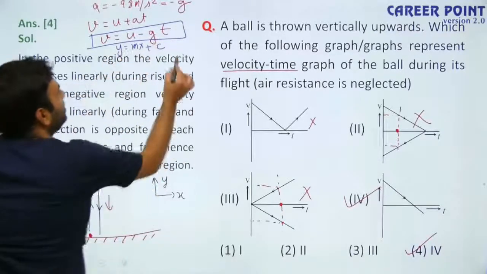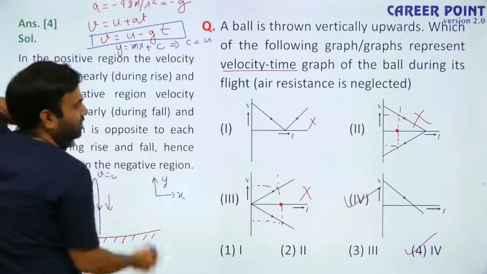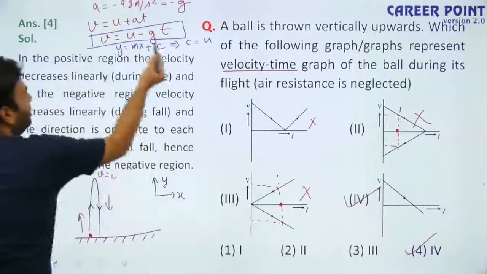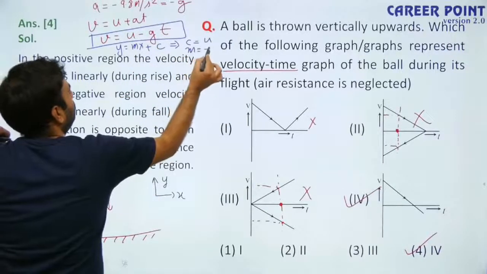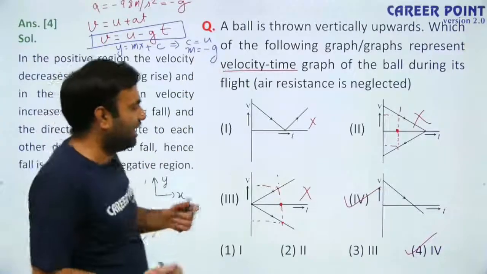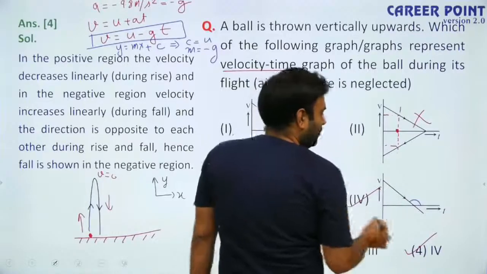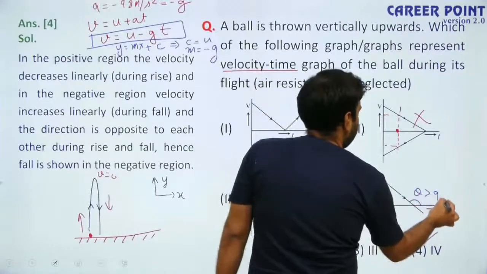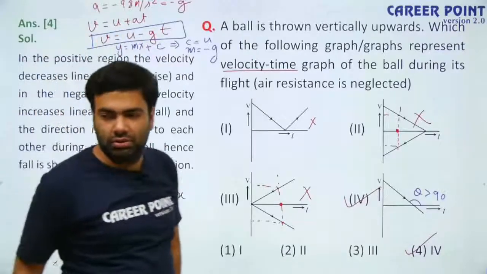Here, as you can see, c is equal to u, which is the y-intercept, and this slope is equal to minus g, which is negative. Negative means we will have an angle from the x-axis which is greater than 90 degrees. So you can also solve this graph from this mathematical calculation.